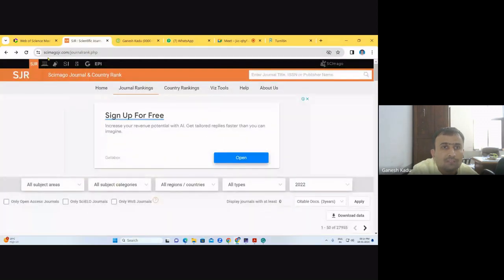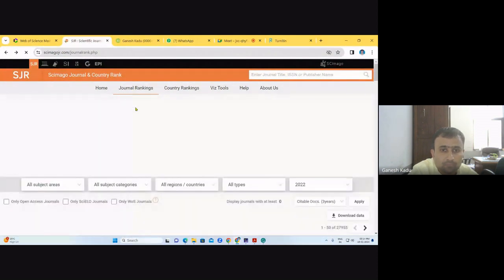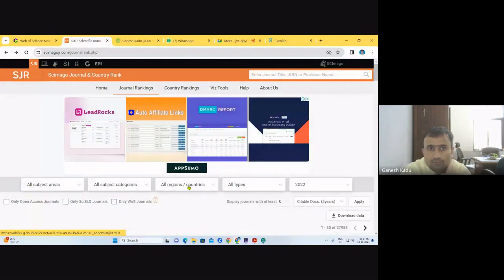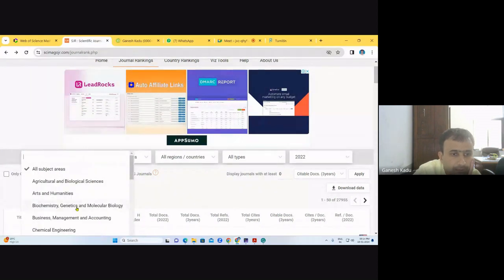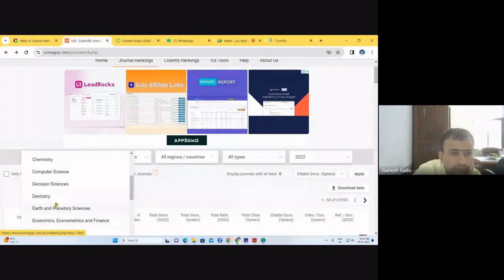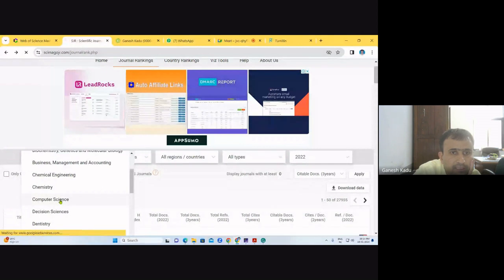So this is the SCImago journal ranking website, where you can take a look at the journal rankings. There are also country rankings, but let us look at journal rankings. And then you can select, let's say, computer science.